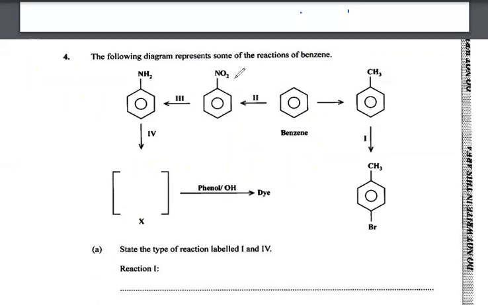Nitrobenzene. What is the name of the reaction in which we convert benzene to nitrobenzene? Nitration.